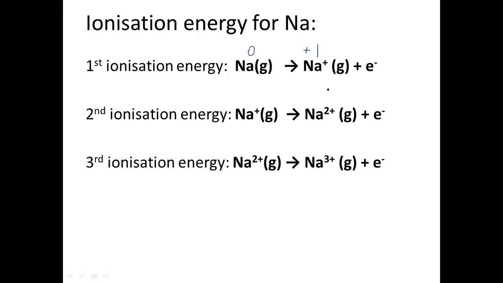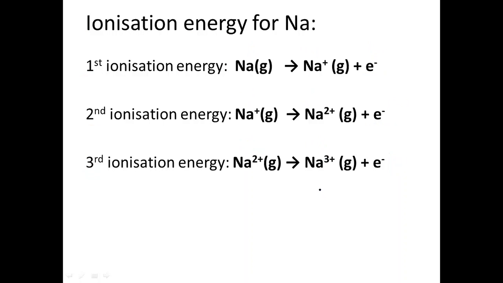It's become a +1 charge because we lost our first electron. It's first ionization energy, so we lost our first electron. In my second ionization energy, I'm starting from +1 because I already lost the first electron, and I make a +2, and this is my second lost electron. And here we've got our third lost electron, and we go from +2 to +3.